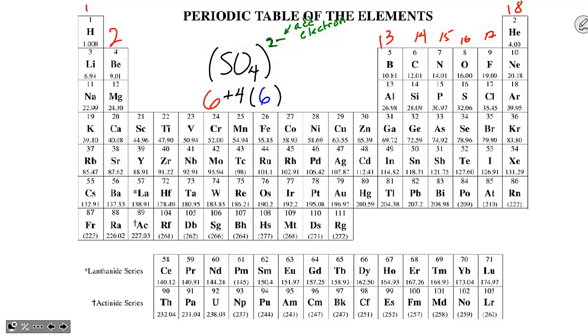Negative, add electrons. Positive, take away electrons. So we're going to add 2 electrons to our total here. So 6 plus 4 times 6 would be 5 times 6, which is 30, plus 2 is 32 electrons that we have to work with, or 16 pairs.